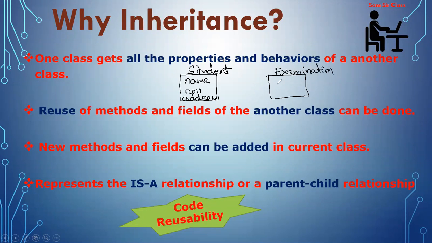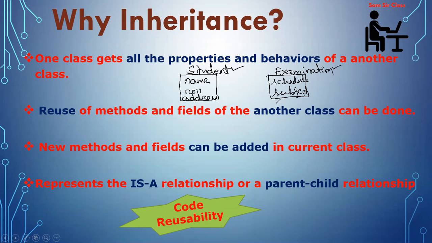Okay, when I implement the examination class for a particular institute, there will be an examination schedule and subjects, which are the members of the examination class. But to conduct the examination and to publish the result, I need the details of the student also inside the examination class. So there are two options.